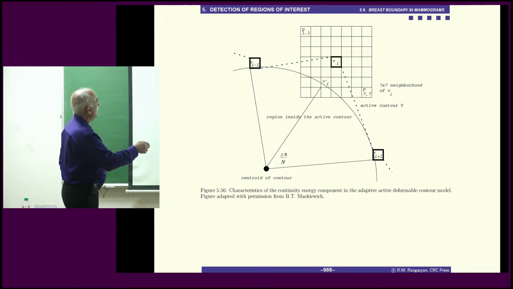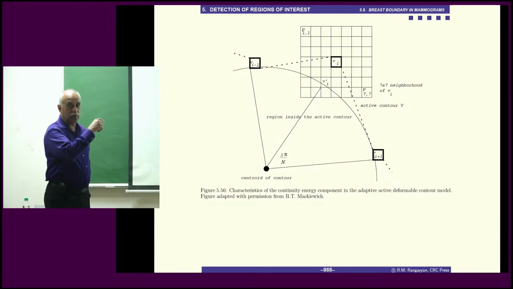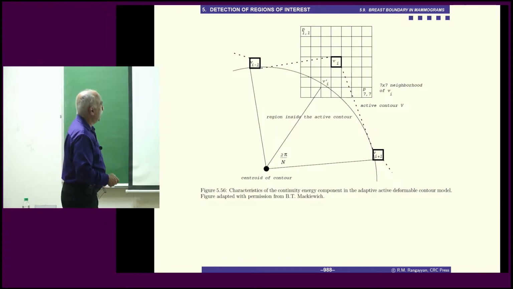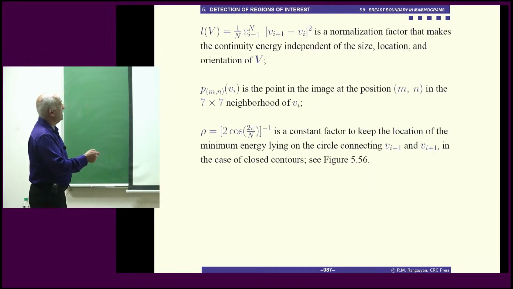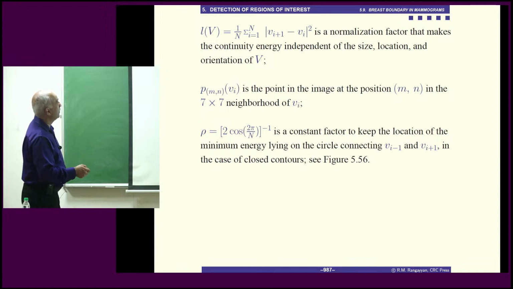And this is P11 to P77 in that neighborhood of that pixel. That is one of those sampled points. So this Lv is the square of Vi plus 1 minus Vi in that neighborhood. P mn(Vi) is a point in the image at the position mn in that 7 by 7 neighborhood of Vi, and rho is 2 cos 2 pi over n, inverse, a constant factor.